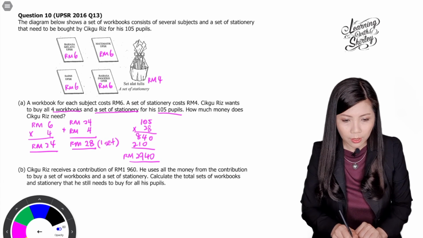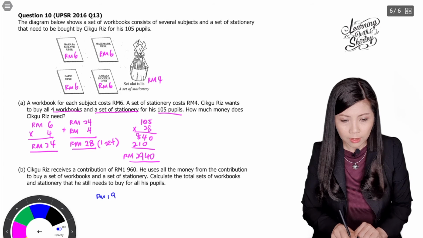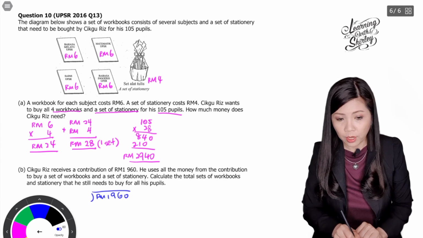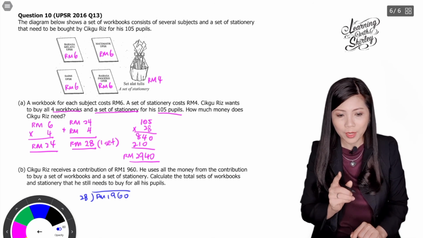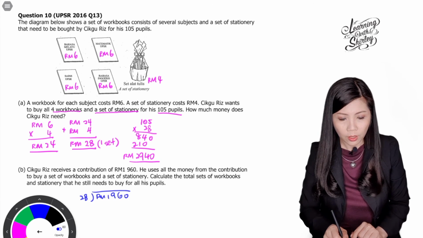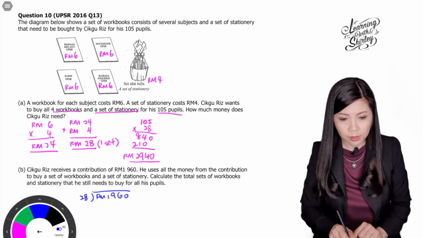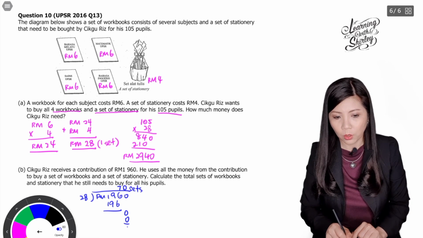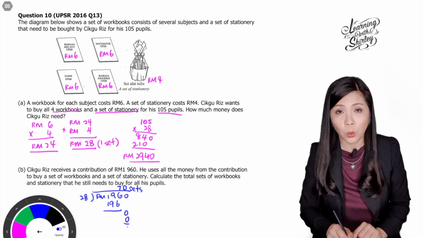I'm going to use 1,960 divided by 28 ringgit to find how many sets he can buy with this sum of money. Here 7 times 28 is 196. Then we bring down a 0, so 0, 0. With this sum of money, 1,960, he can buy 70 sets only.